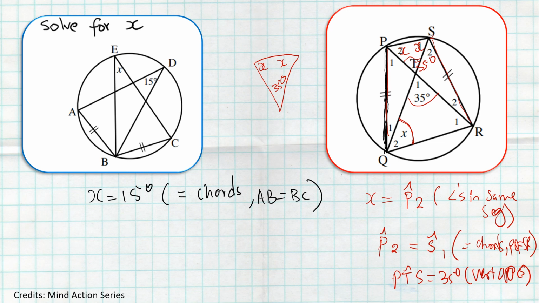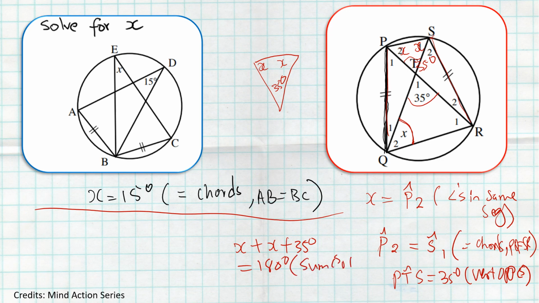To say x plus x, okay, let me put it here, sorry about this. x plus x plus 35 is equal to 180 degrees. Why? Sum of angles of a triangle. You have to give the reason because this question has 5 marks, and as you give reasons, you get marks.